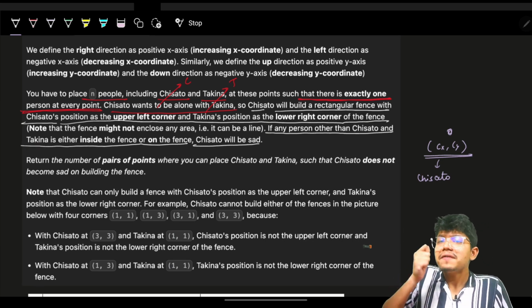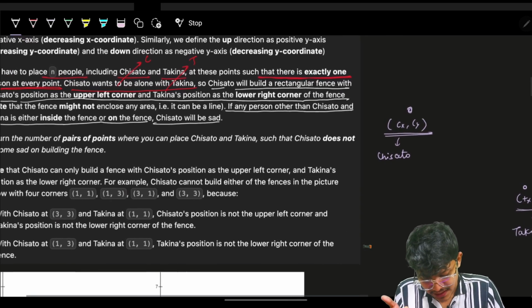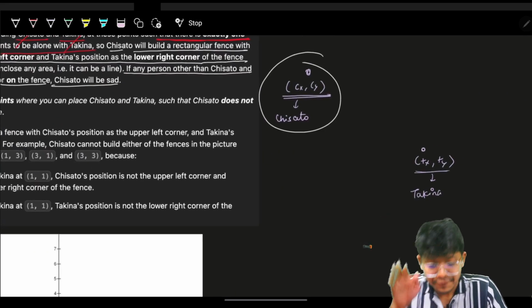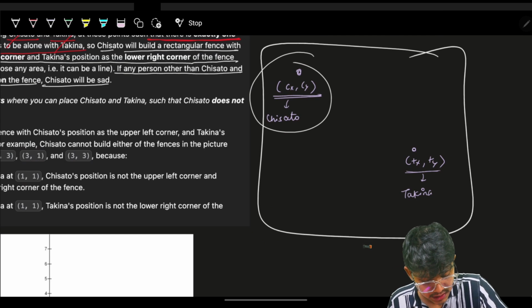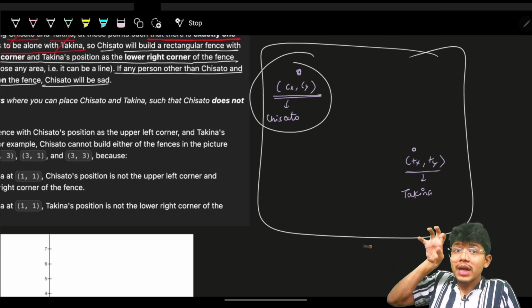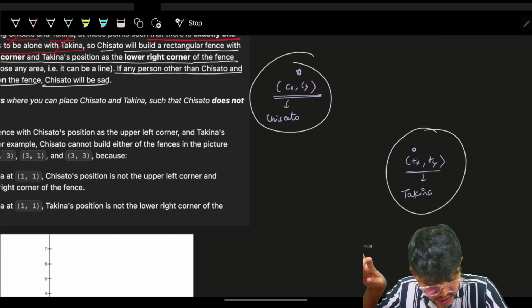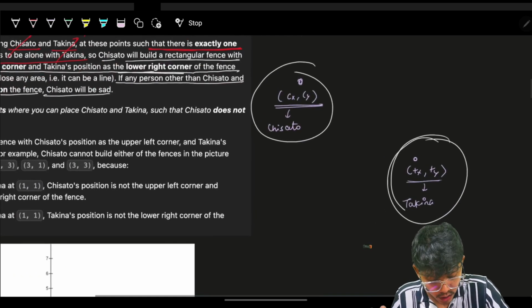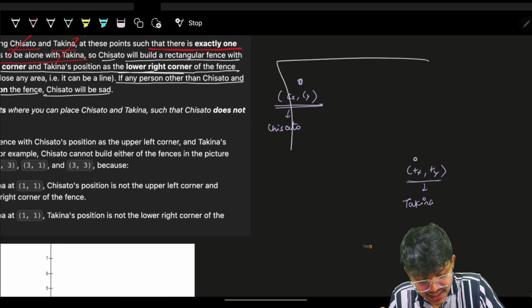So you specifically want that C should not be sad. Basically, if you imagine this as a box, then C's position will be the upper left corner and T's position will be the lower right corner.